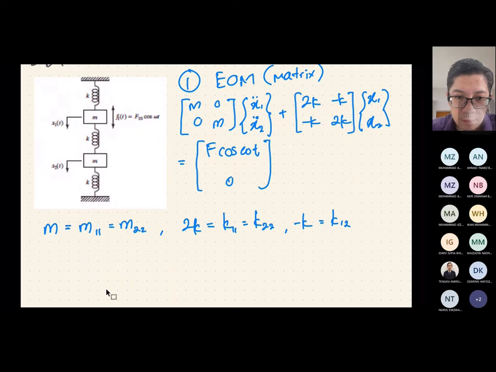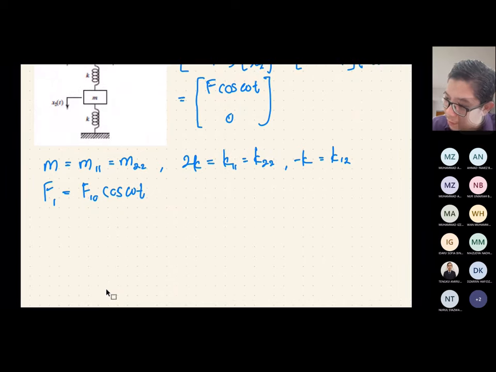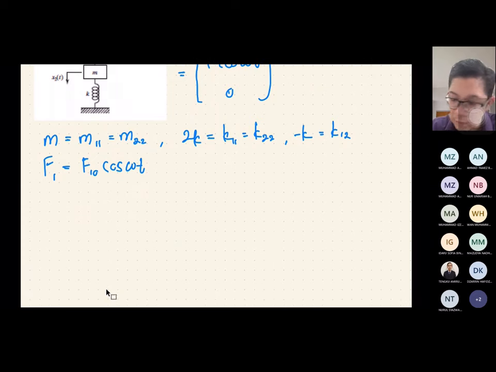Now, what else do we have? We have f. We can also simplify f to be f1, which is f10 cosine omega t. Now, when we want to proceed, again as usual, as what we have done before, we define the input or the response to be in harmonic response.